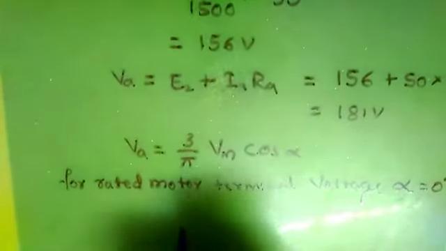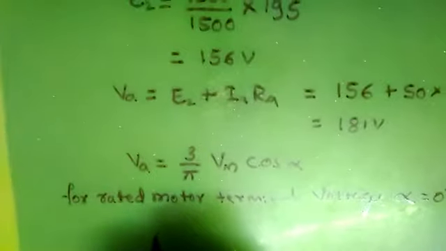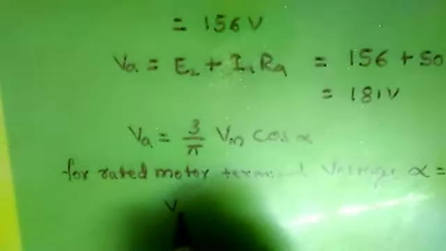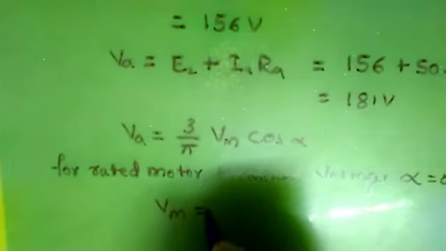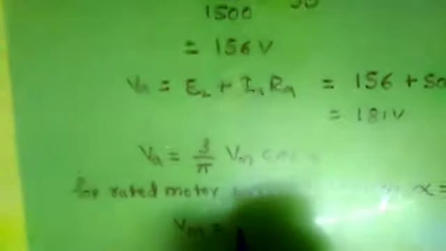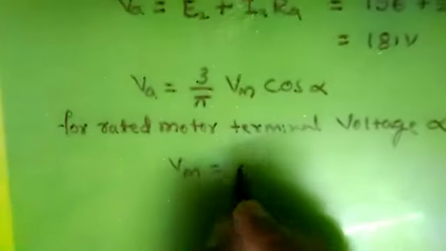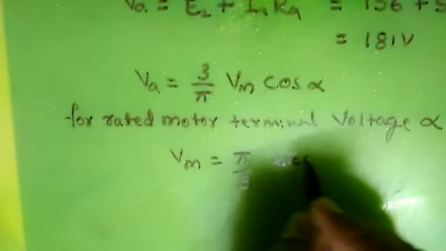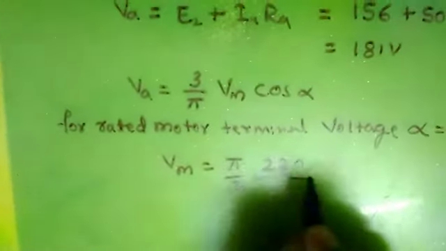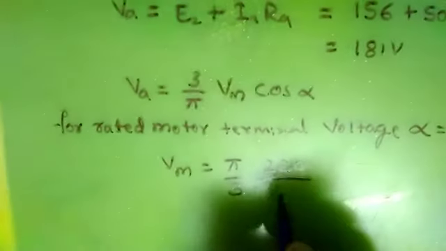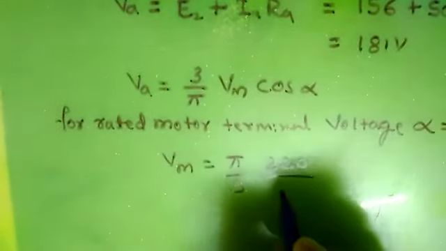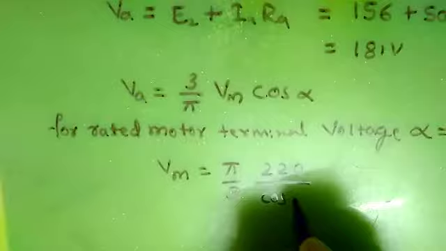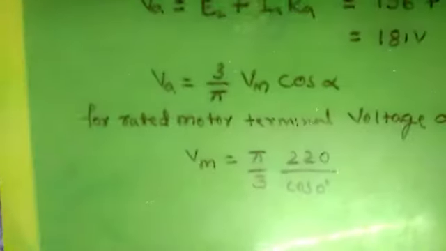Substituting here, VA I know, so Vm is equal to pi by 3 times 220 divided by cos 0 degree, since alpha is 0 degree.